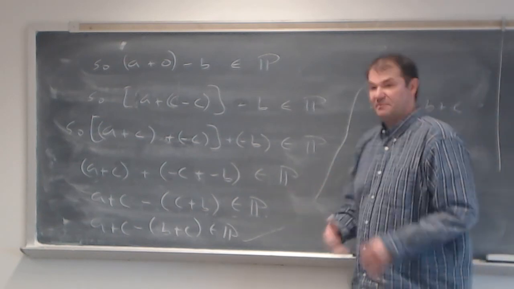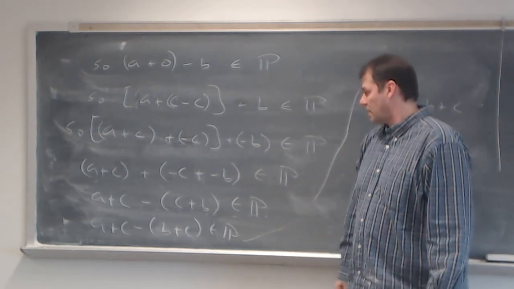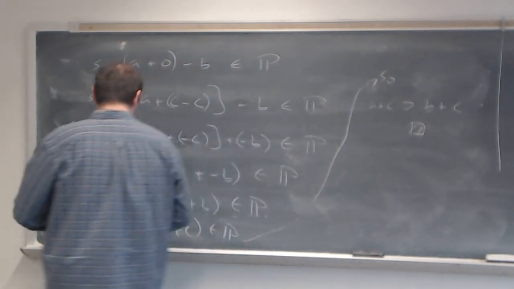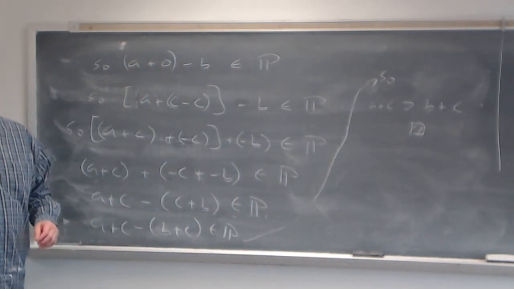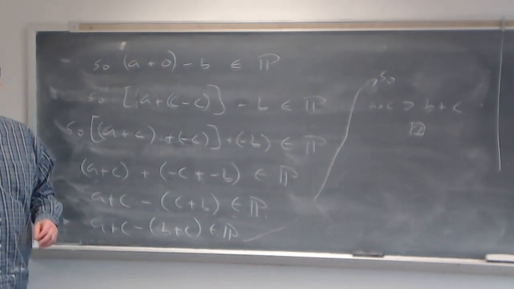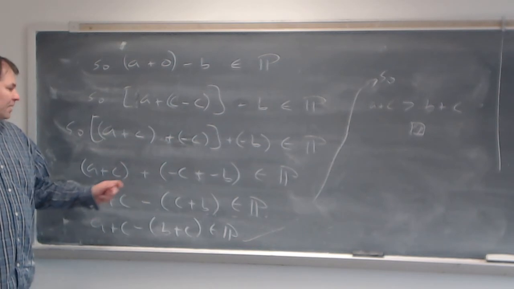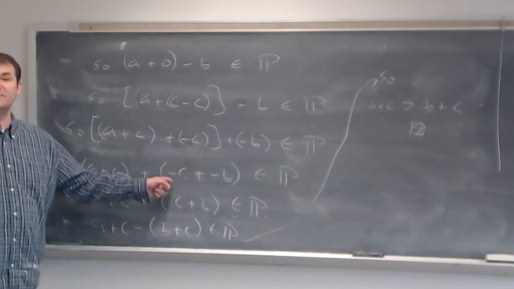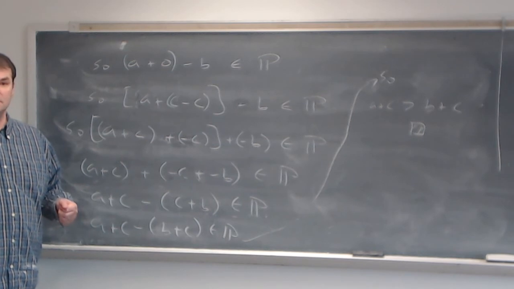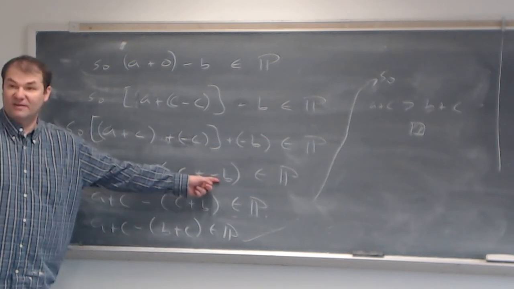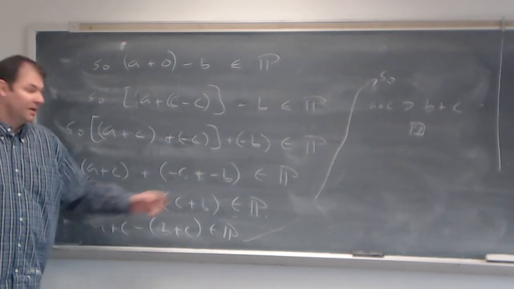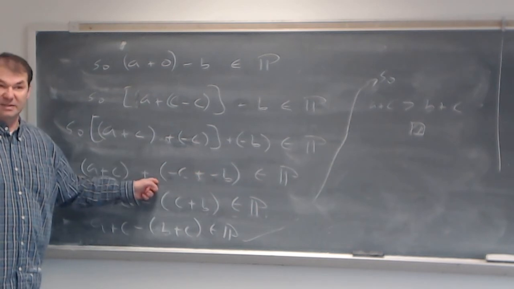There are some things that I'm saying are true, but maybe I haven't verified. As a matter of fact, I'm going to get you to verify them in homework. Okay? So there are homework problems that this is really based on. One of them is minus C is the same thing as minus 1 times C. And that would be the same thing for minus B. It's really minus 1 times B. And then by the distributive property, I can pull out the minus 1.